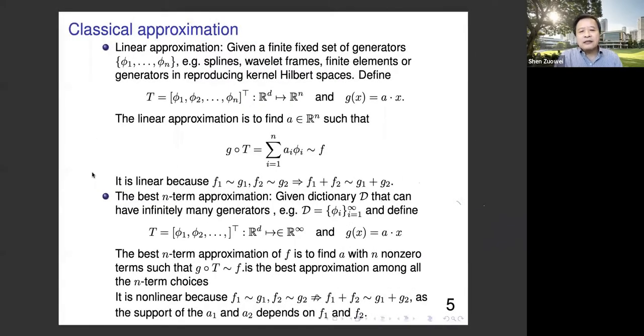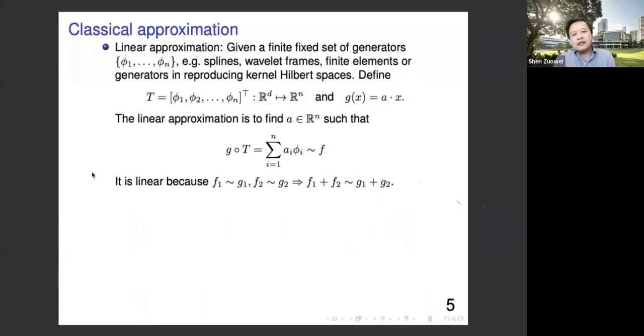So the classical linear approximation, what's good about it? If you are in a Hilbert space, you do the orthogonal projection. To make a good approximation, as your n goes to infinity, you want the approximation to converge to f fast.